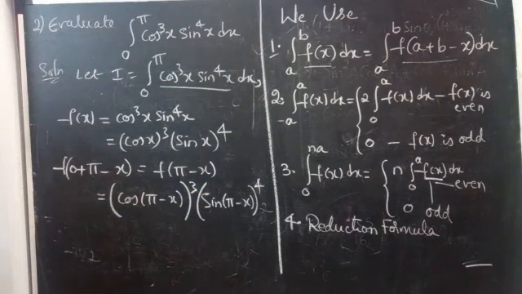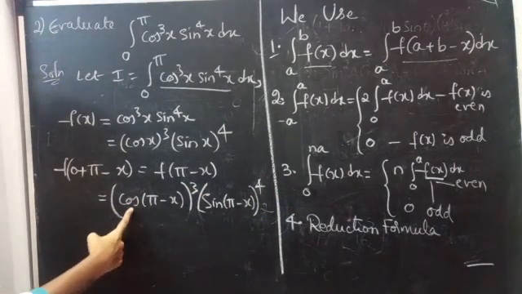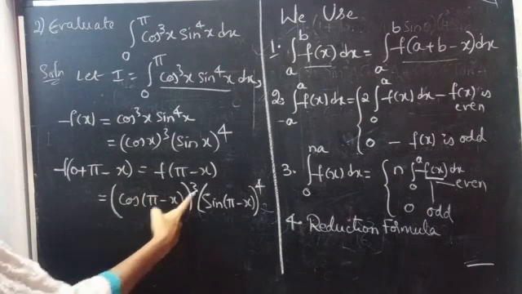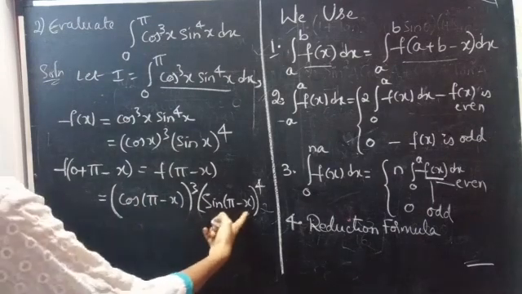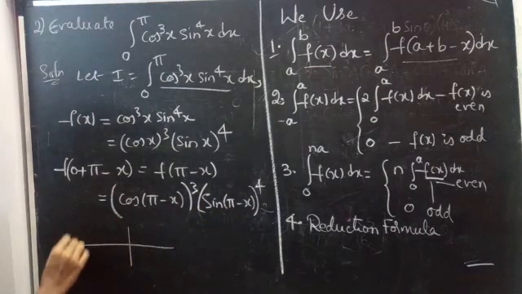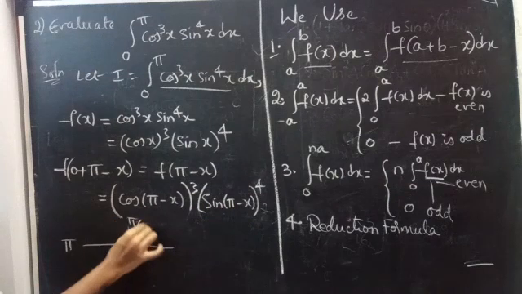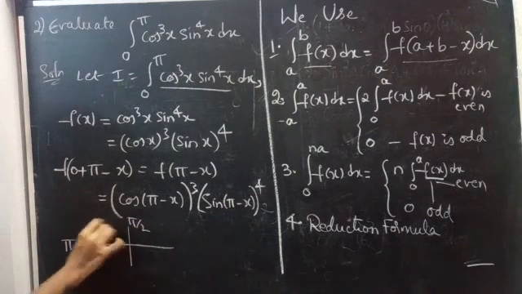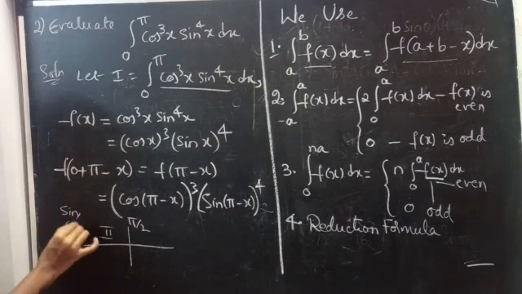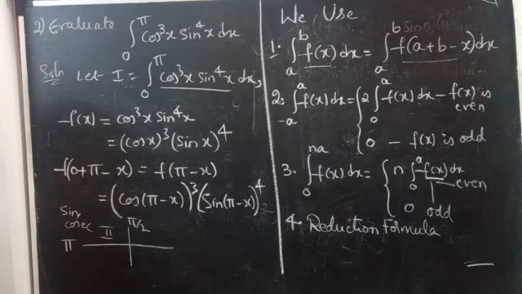Okay. Since pi minus x is in the second quadrant, sine and cosecant will be positive and the remaining will be negative.